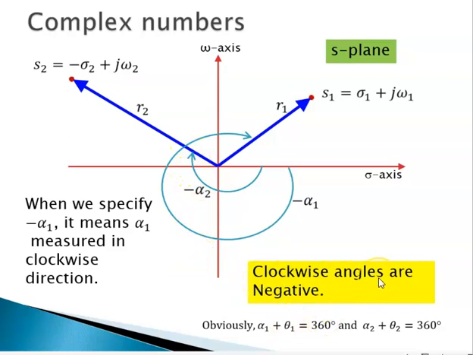So clockwise angles are negative. Obviously, alpha 1 is the angle measured in the clockwise direction and theta 1 is the angle measured in the counterclockwise direction. They sum up to 360 degrees.